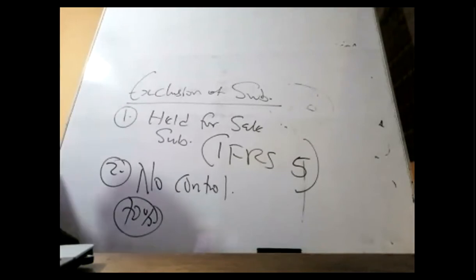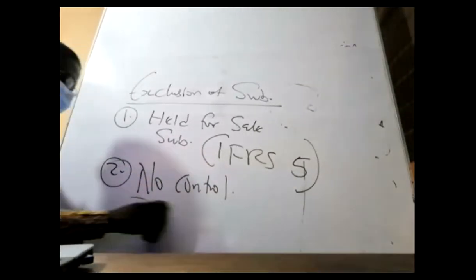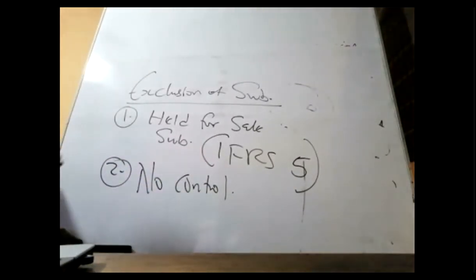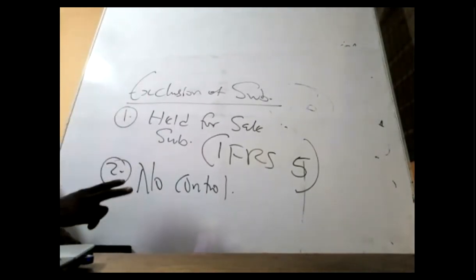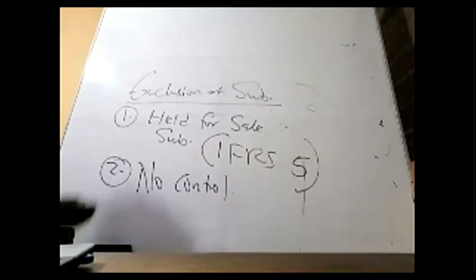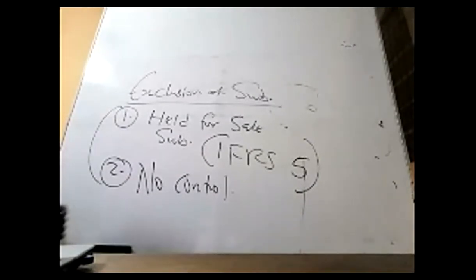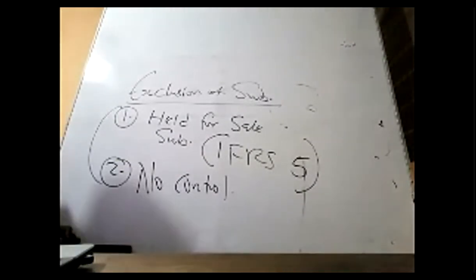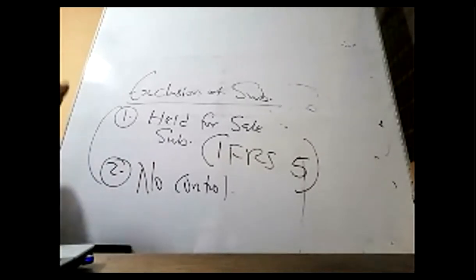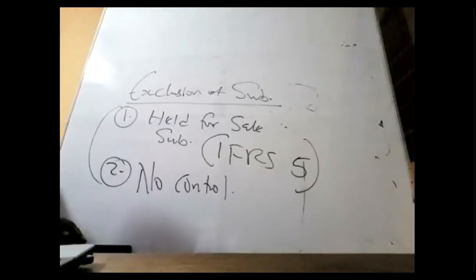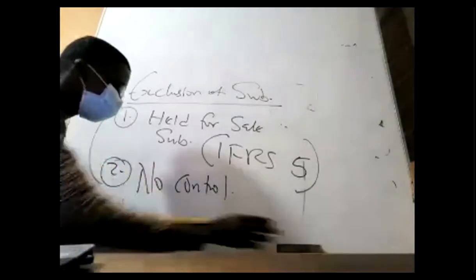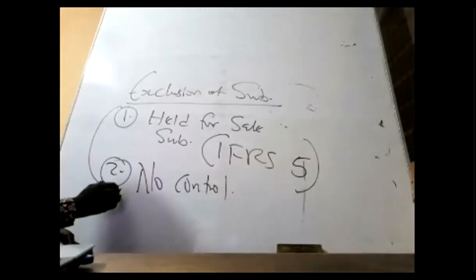Now, when the examiner asks you, tell the examiner, Mr. Examiner, honestly speaking, there are only two factors permitted by the IFRS. Then we have other factors that are not permitted by the standard, but the directors may depend on that factor and not consolidate that subsidiary. What are they? So, other factors.